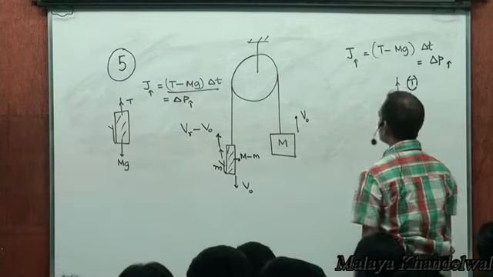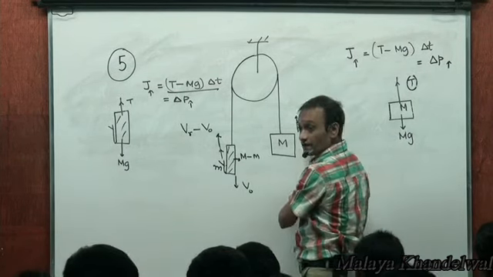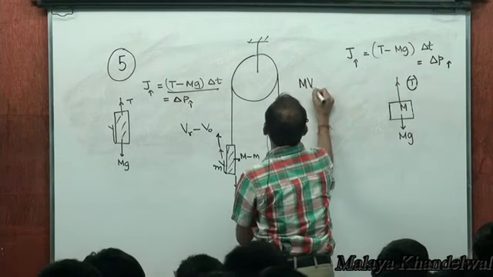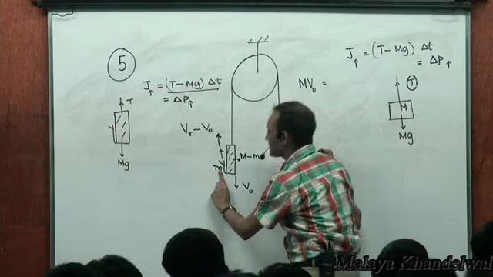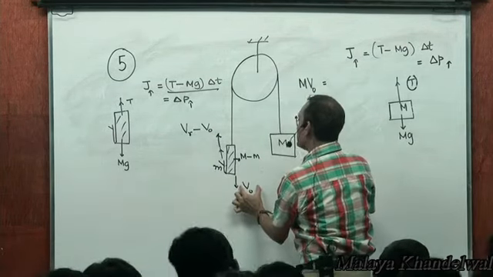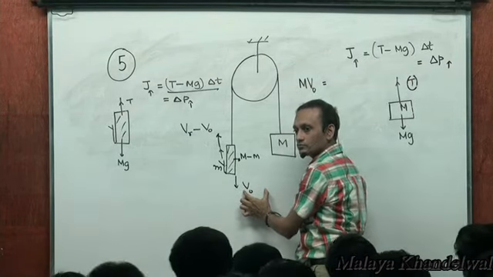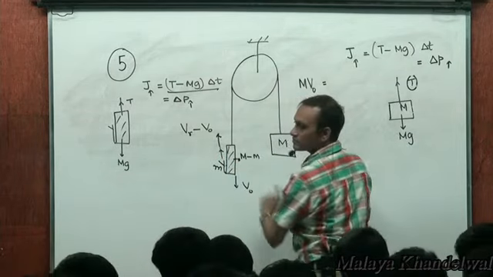Now, what's it? This is mv naught, therefore it gains a linear momentum mv naught, and that must be the gain in linear momentum of this, which is m into Vr minus V naught plus capital M minus m into V naught. Yes or no? What's the linear momentum of this system?